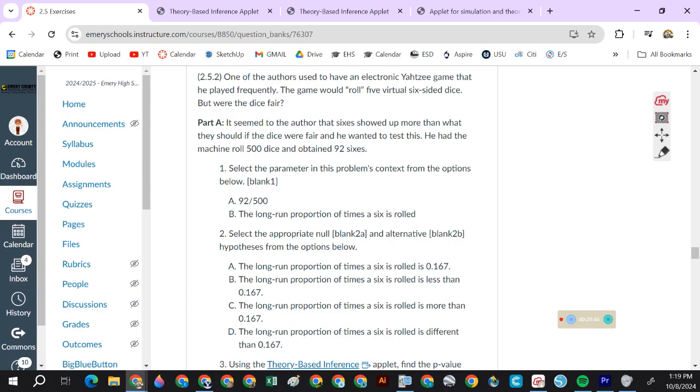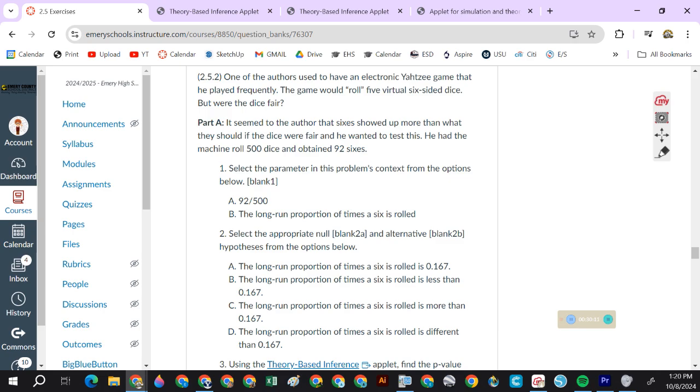One of the authors used to have an electronic Yahtzee game that he played frequently. The game would roll 5 virtual 6-sided dice, but were the dice fair? It seemed to the author that the sixes showed up more than what they should have if the dice were fair, and he wanted to test this. He had the machine roll 500 dice and obtained 92 sixes.